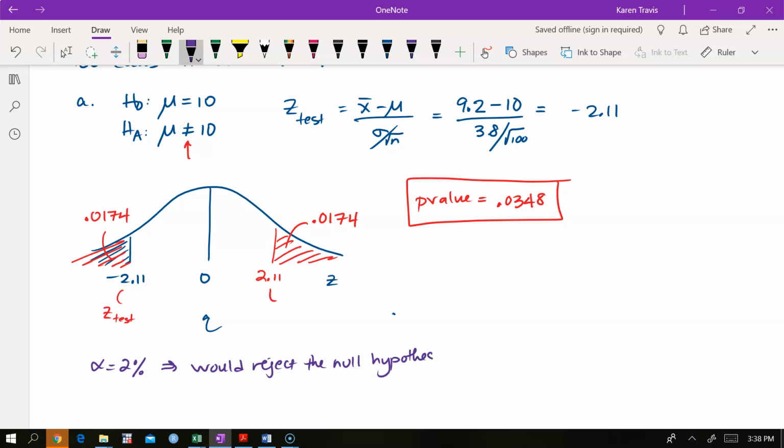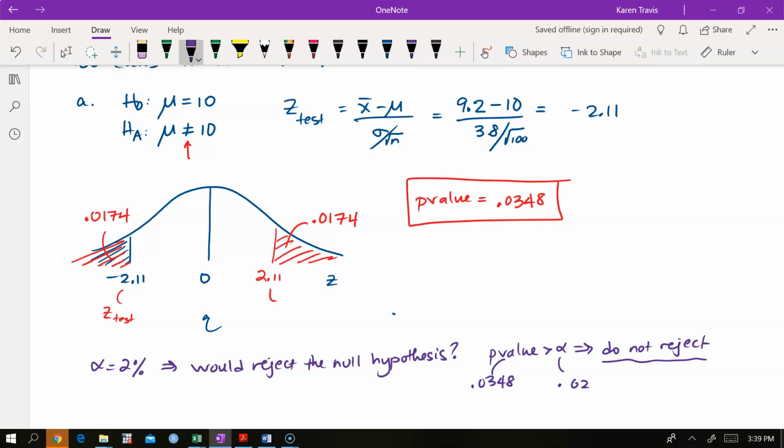So we're only going to reject the null hypothesis if the p-value is smaller than alpha. So p-value greater than alpha means do not reject. So we had p-value of 0.0348. Alpha is 0.02, which means we do not reject the null hypothesis.